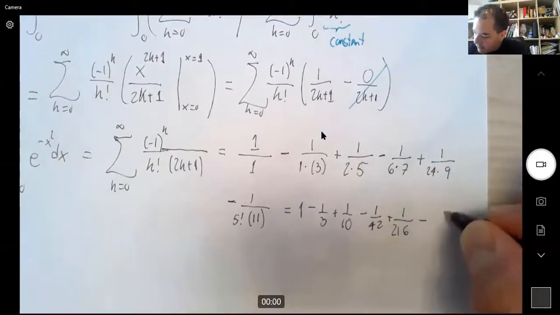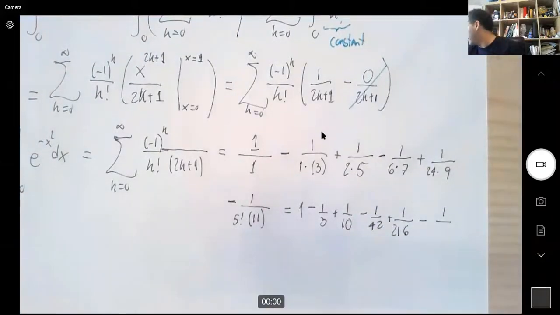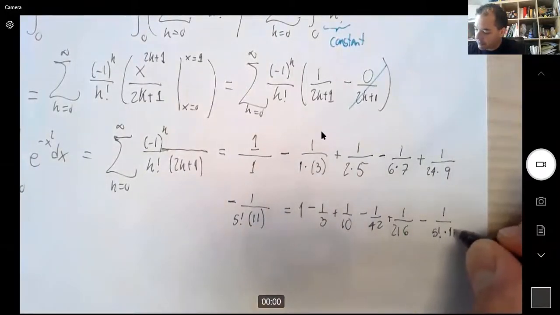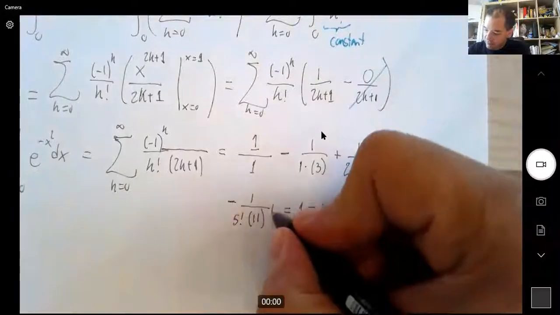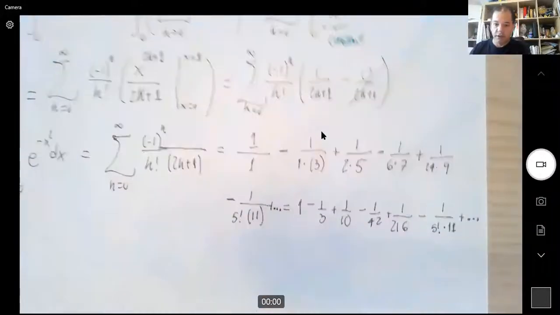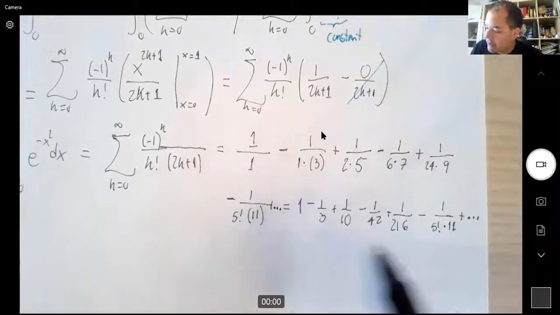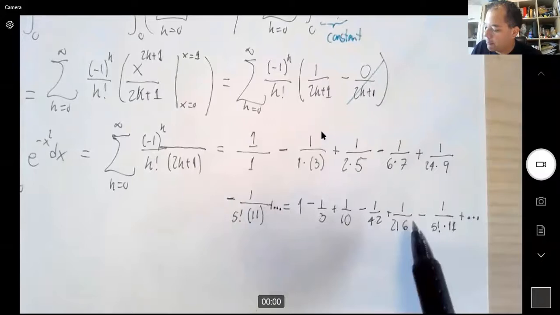And then minus 1 over 5 factorial is 120, and 120 times 11, whatever that is. In fact, let's just leave it like that. 5 factorial times 11. And then there's more terms, of course, right?